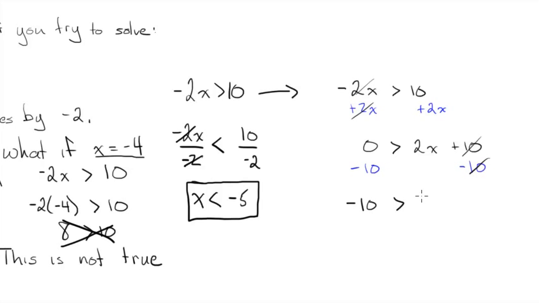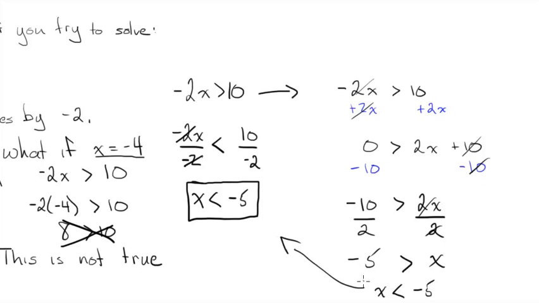These would reduce. 2x. Now I'm dividing both sides by positive 2, and I don't have to worry about switching any signs. So I get negative 5 is bigger than x. Usually you'd write that x is less than negative 5. So I get the same answer. It's just a lot more steps, but you save that rule of dividing by a negative, but it's not a hard rule to remember, so it's probably better to just remember the rule.